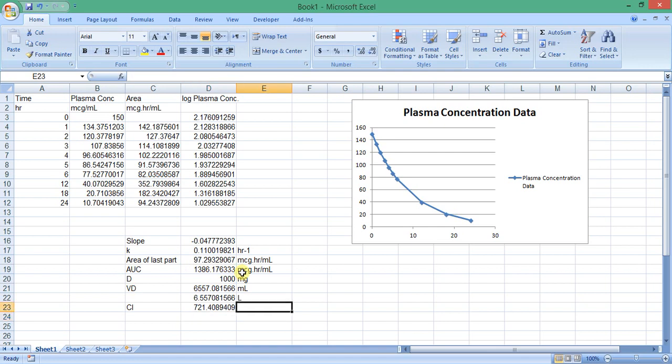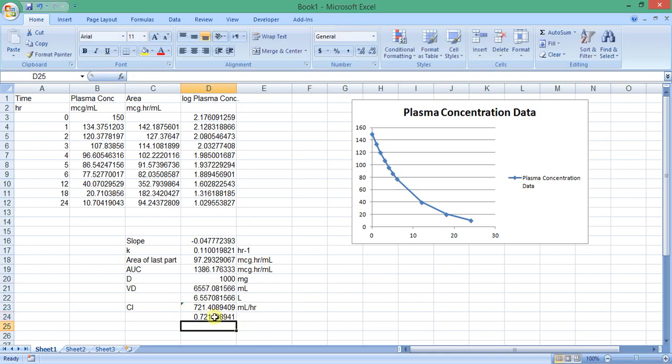And the unit of clearance is milliliter per hour. To convert it to liters per hour, we should divide it by 1000. This value divided by 1000.